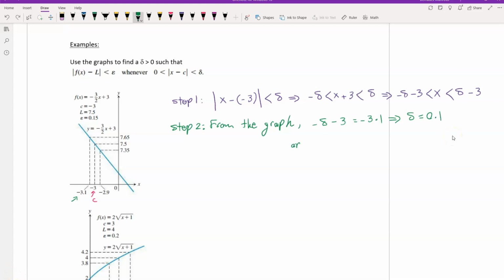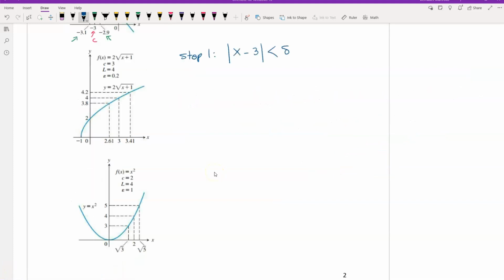Or what we have here on the right side, delta minus 3, is equal to this number, negative 2.9. So solving for delta, that is equal to 0.1. That means the answer for delta is 0.1.